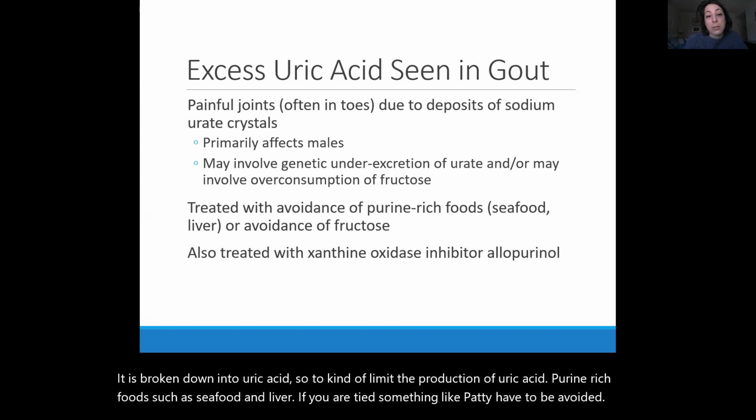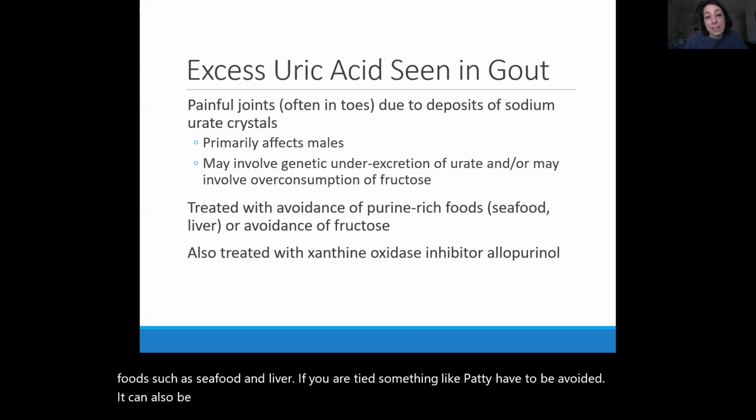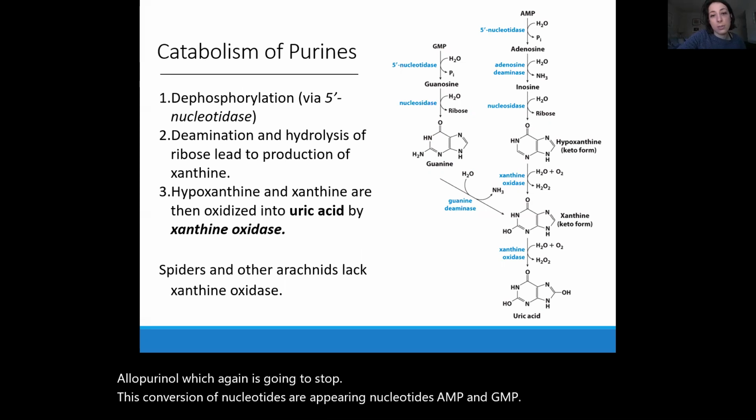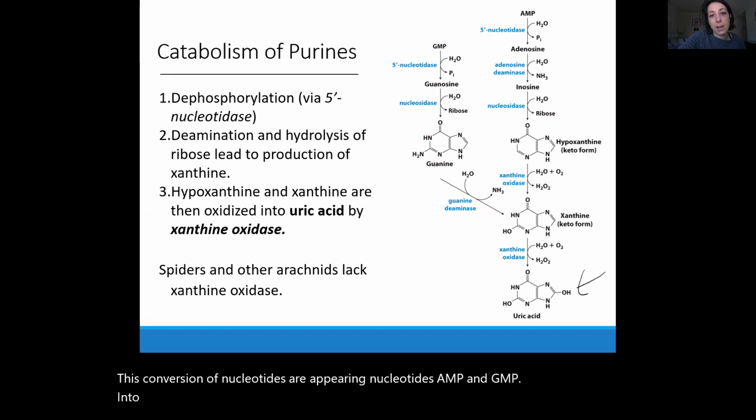It can also be treated with the xanthine oxidase inhibitor, allopurinol, which is going to stop this conversion of purine nucleotides, AMP and GMP, into uric acid, right? They would stop at these other metabolite forms, and have to be converted into something else.